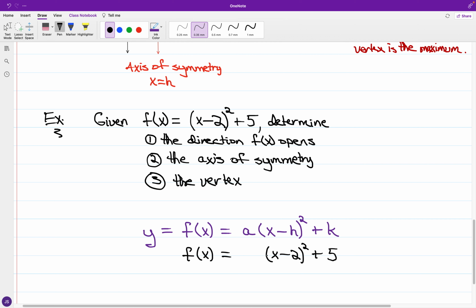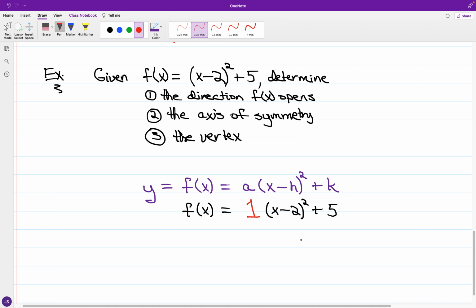Okay, and if you notice, we don't have any explicit value in front of the square of x minus 2. And so we have implicit, you don't have a negative sign, just this implicit version of what is otherwise going to be 1 times the square of the quantity of x minus 2 followed by the addition of 5.